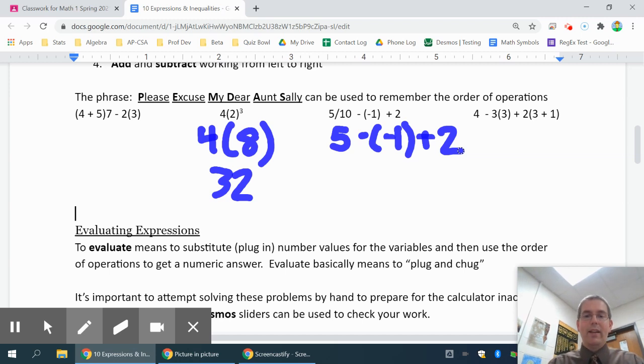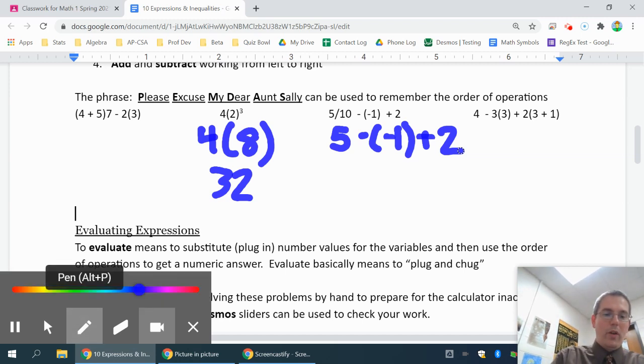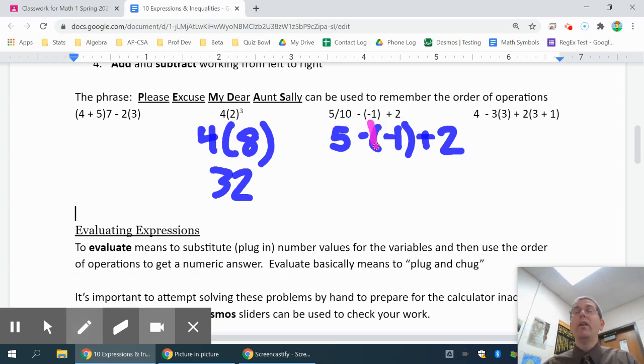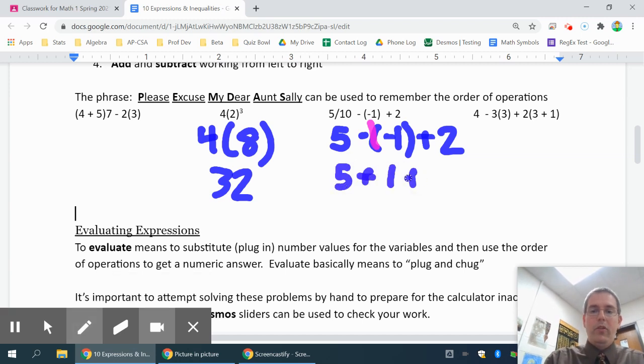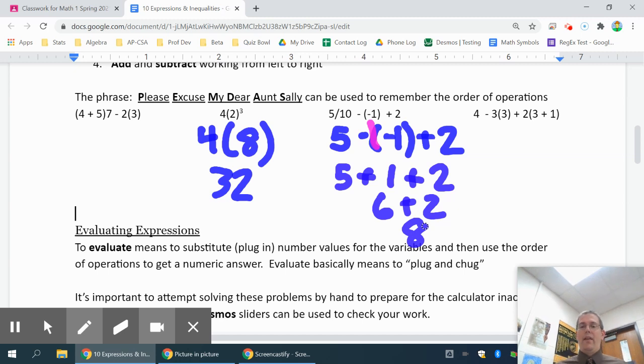Remember, technically, there's an understood 1 there. So anytime you have a double sign, it's basically a multiplication. So that's part of doing the multiply and divide step, to get rid of those double signs. So negative times a negative is a positive. So I have 5 plus 1 plus 2. And then I'm ready to add and subtract. So 5 plus 1 is 6, and 6 plus 2 is 8. And that's how you do that one.